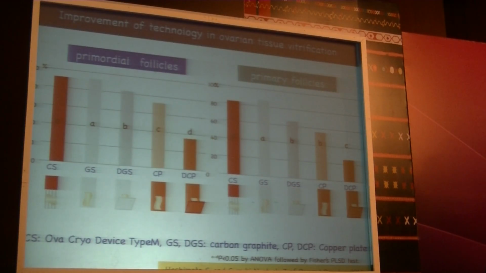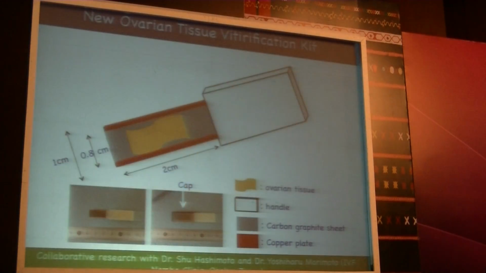There were no differences in morphologies of follicles between cryo support and carbon graphite sheet. Follicle morphologies frozen with cryo support and carbon graphite sheet were well preserved compared with copper plate, and follicle morphologies in the cases of copper plate were most damaged compared with those in other devices.